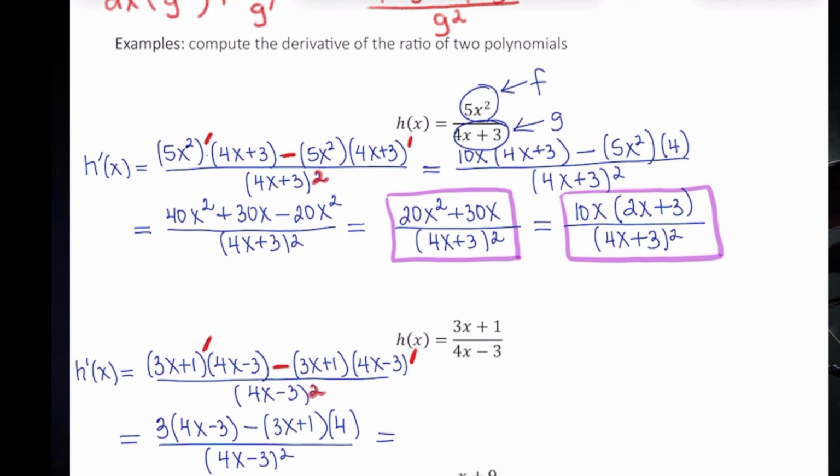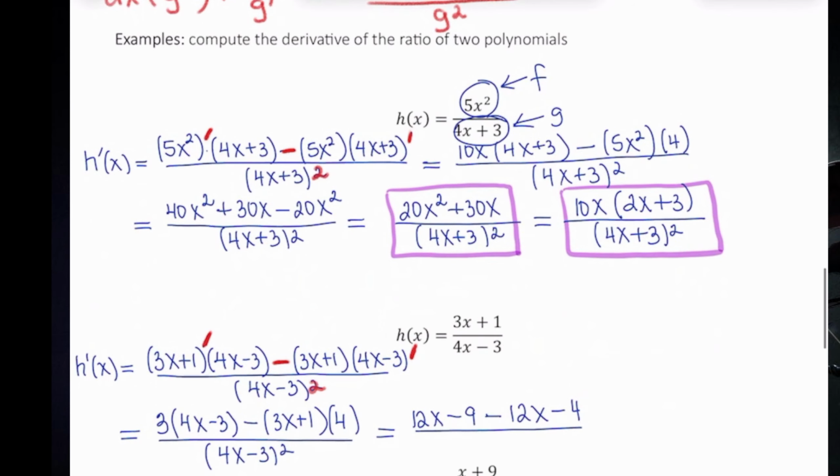Let's multiply everything through in the numerator. So this becomes 12x minus 9, and here we get minus 12x minus 4. The denominator doesn't change, so that's 4x minus 3 squared.